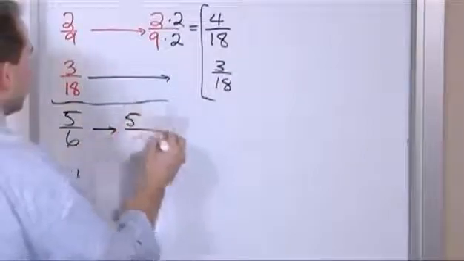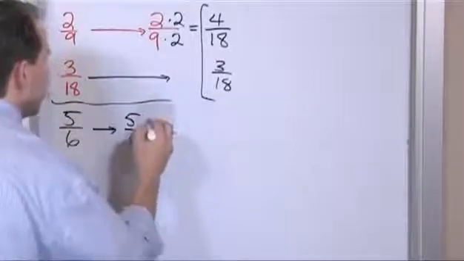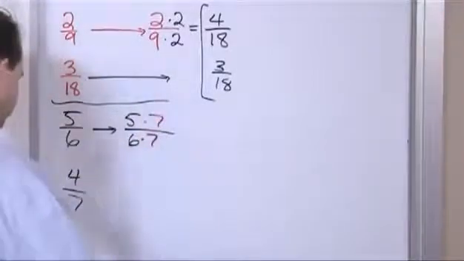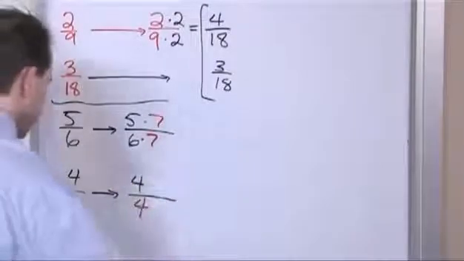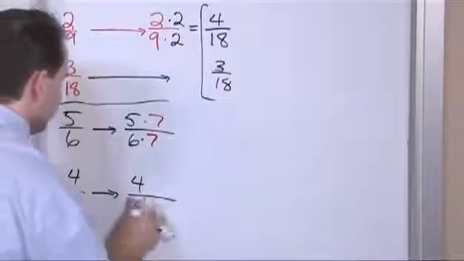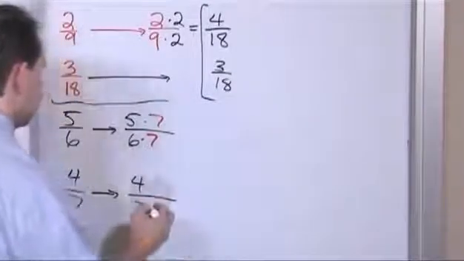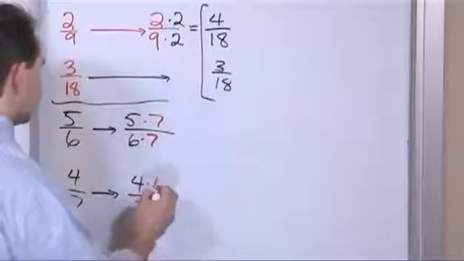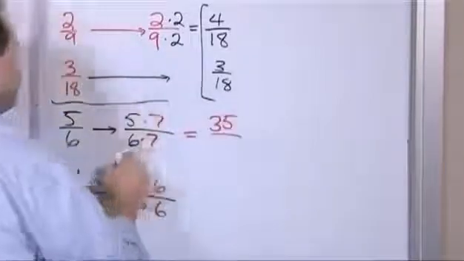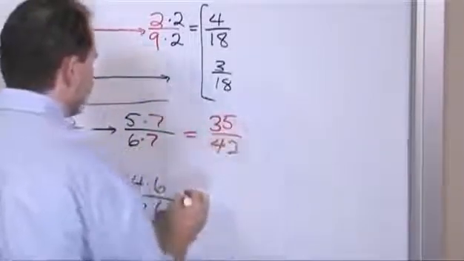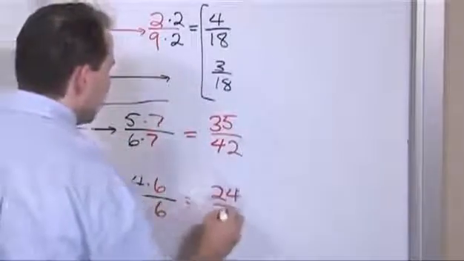The only thing I can really think of is to take 5/6, and just follow me here, if I multiply this by 7, and if I multiply 4/7 by 6, then what am I going to get? 5 times 7 is 35. 6 times 7 is 42. 4 times 6 is 24. 7 times 6 down here is 42.